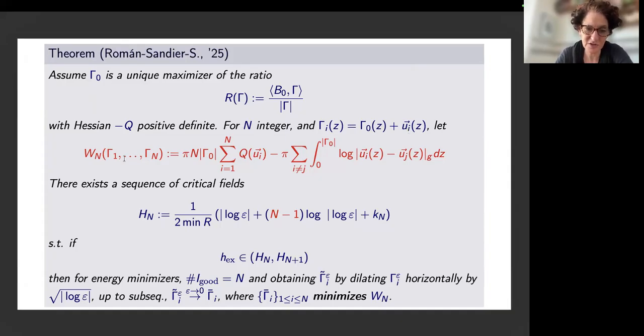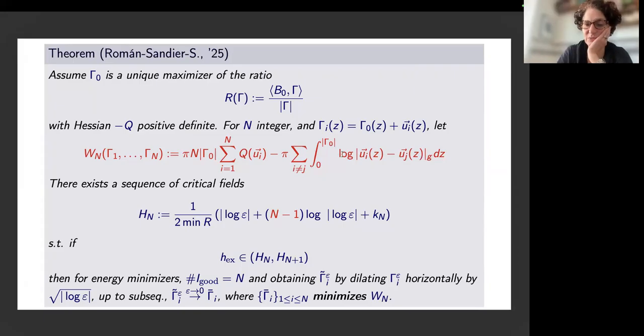And we define an energy, which is going to be the total interaction energy of the curves. It's going to contain q of u_i, so the Hessian of the isoflux problem, of that function r, that you multiply by the length of gamma naught, so that's like a constant. And here you see you integrate along the curve the logarithmic interaction between the position of the traces of the curves.